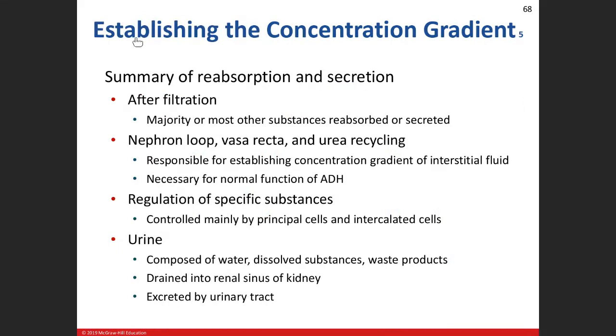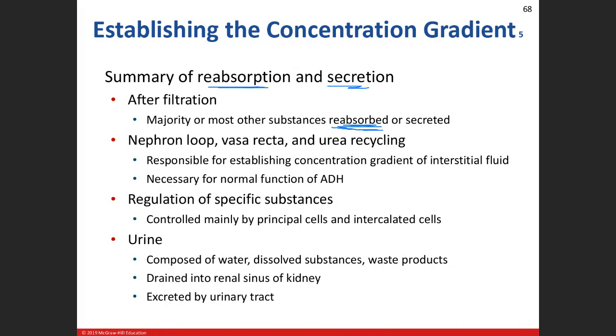So when we're talking about our concentration gradient, we're going to do a quick review here on resorption and secretion. A couple points to keep in mind. After we've filtered stuff out of the blood, we are going to see most of those substances get resorbed in the proximal convoluted tubule.